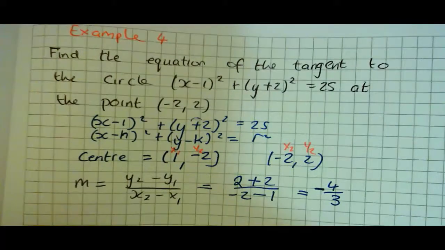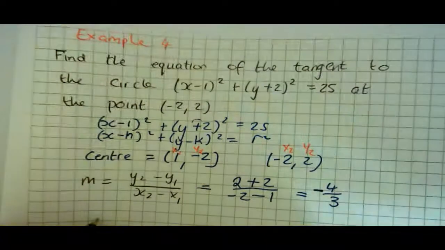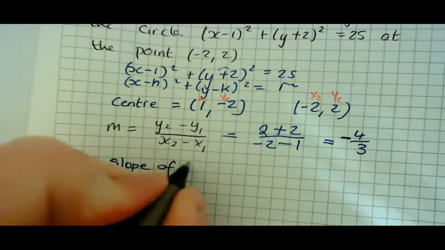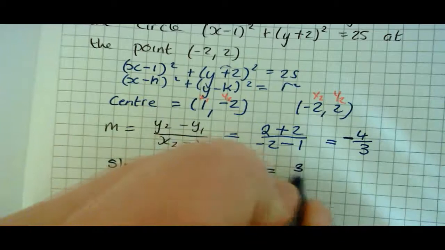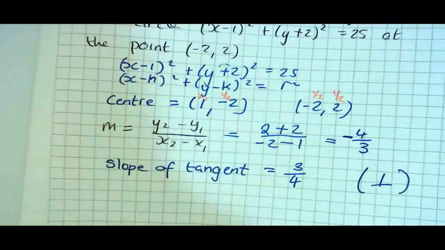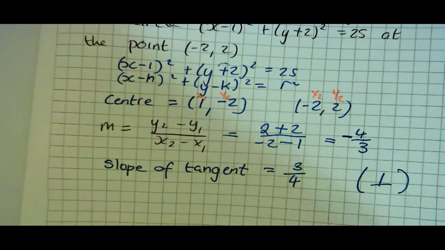However, we know that the slope of the tangent is 3 over 4 because it's perpendicular. So the slope we found is the slope from the centre down to one of the points on the circle, and we know that the tangent is going to be perpendicular.